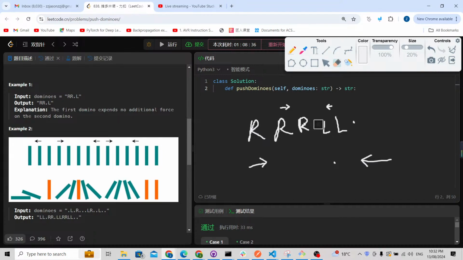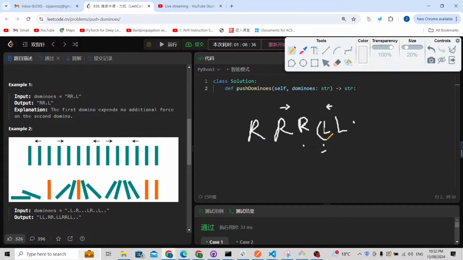Now the problem seems to be that we just need to compare all the dots, whether the dot is closer to the L or closer to the R. So for this dot, from the right side it has a distance of 2, and from the left side to the L it has a distance of 1.